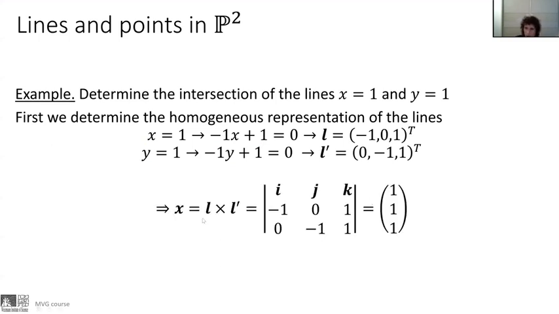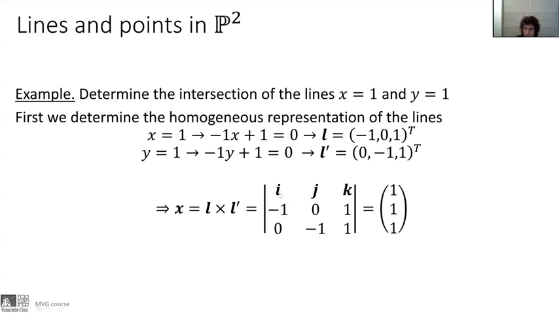Now, we know that in order to determine the intersection between two lines, we have to take the cross product between the lines. And how do we take algebraically the cross product between the lines? We write it in a matrix, I, J, K. We write the vectors. This is the first vector. This is the second vector. And then we calculate all 2 by 2 determinants.